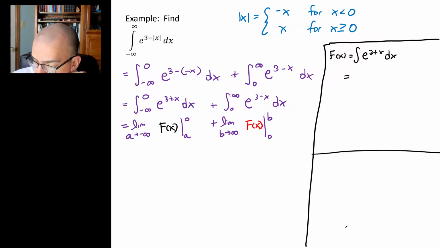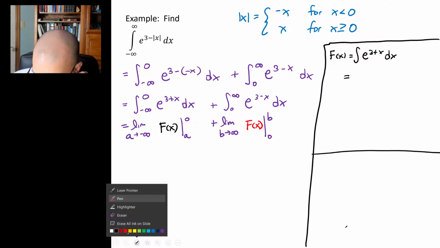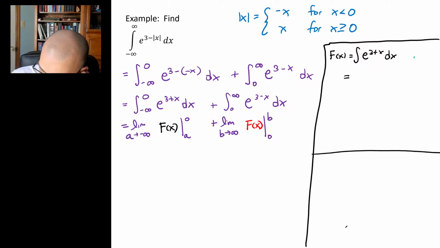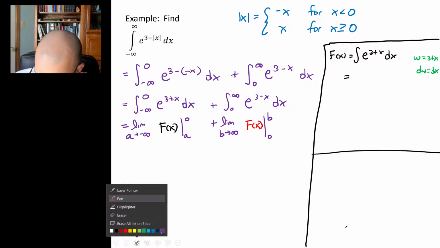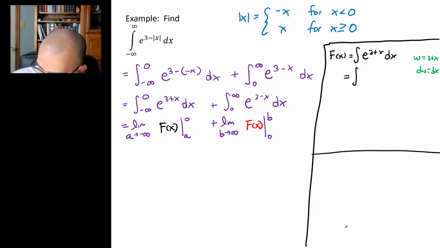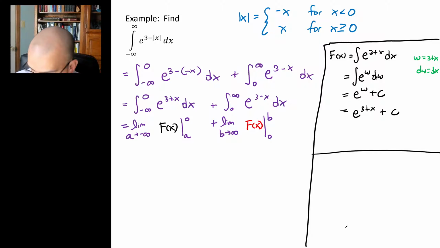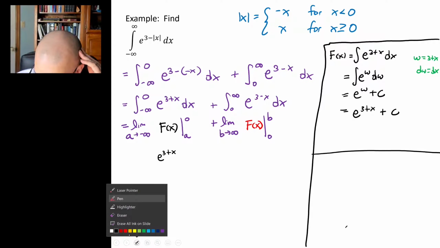And if you go through the substitution, w is equal to 3 plus x, you'll get dw is equal to dx. So your integral transforms into the integral of e to the w dw, which is e to the w plus c, which is e to the 3 plus x plus c. So that'll go here. And we can drop the plus c.